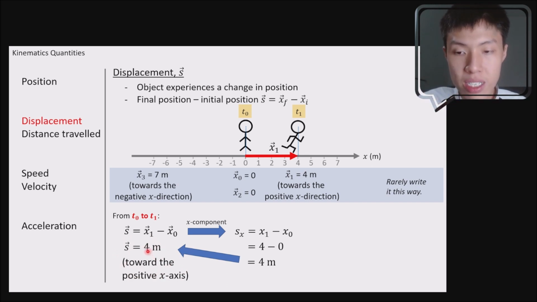This value here means that this object, from time 0 to time 1, has experienced a change in position of 4 meters towards the positive x-axis. So it experienced a change in position of 4 meters to the right, because to the right is our positive x-axis. So it experienced a displacement to the right of 4 meters.